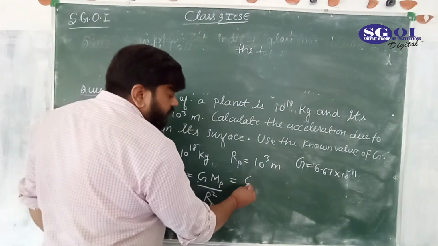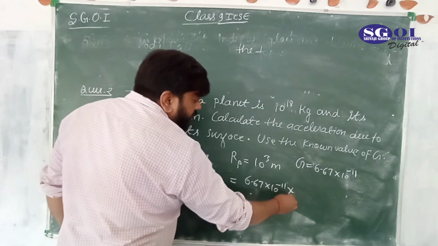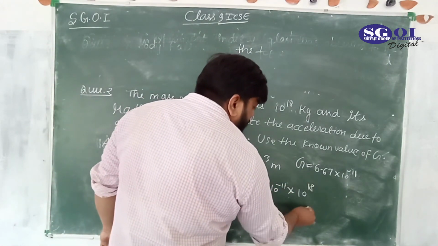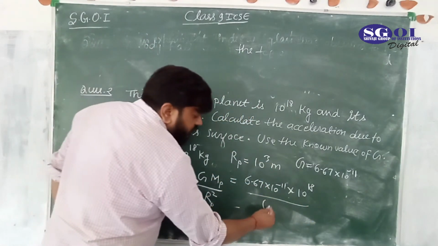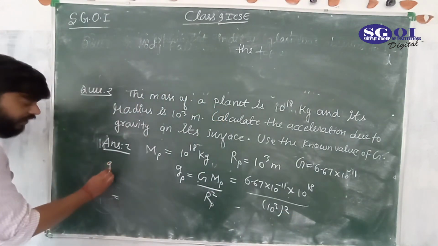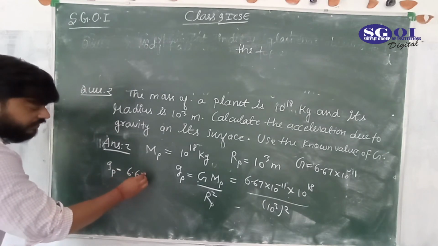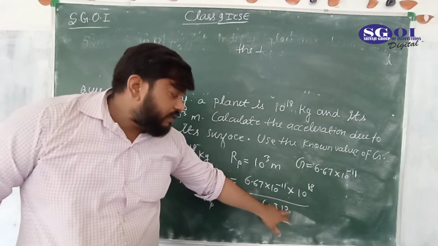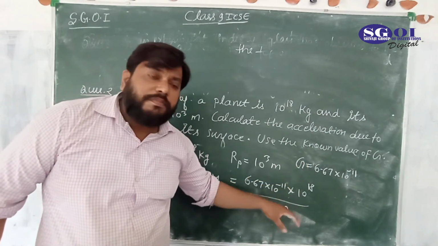What is capital G? It is 6.67 times 10 to the power minus 11, into the mass, which is 10 to the power 18, divided by RP, which is 10 to the power 3, squared. So finally, what is gP? It equals 6.67 into, 10 to the power 3 squared is 10 to the power 6, and 10 to the power 6 in the denominator becomes 10 to the power minus 6 in the numerator.